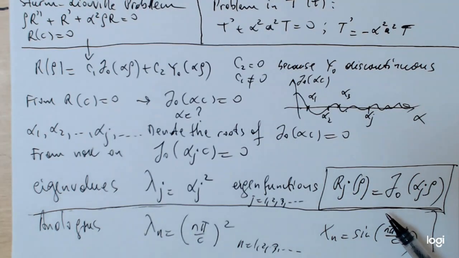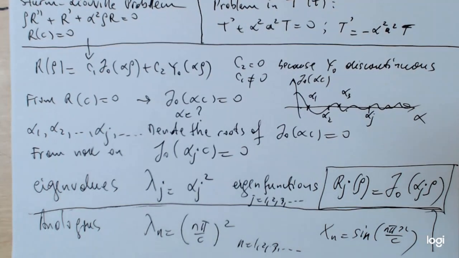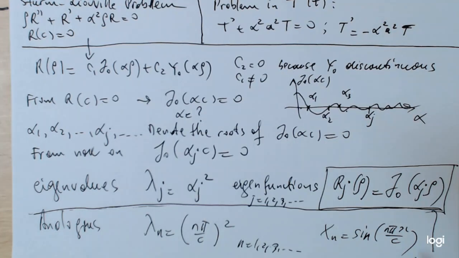Because otherwise, we cannot produce a series representation. Remember, the only reason this works in the previous case is because sine of n pi x over c were orthogonal, meaning that you could integrate and find a series representation in terms of these functions for a typical function given in the initial condition.